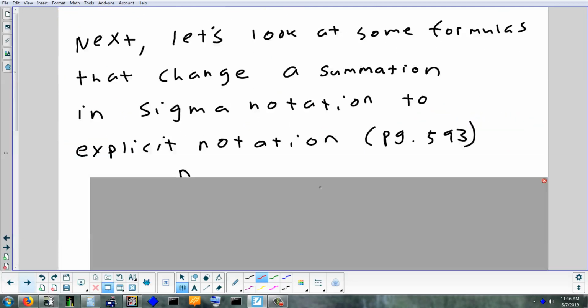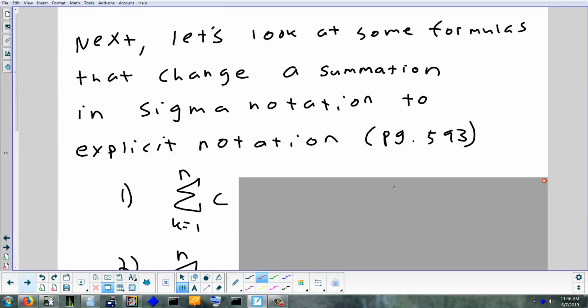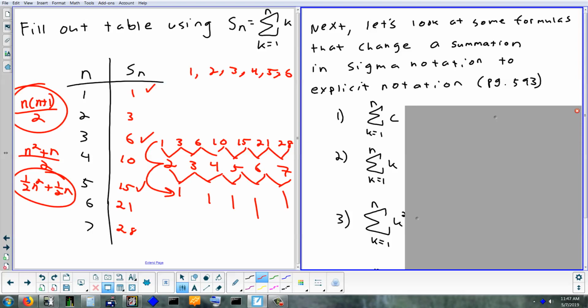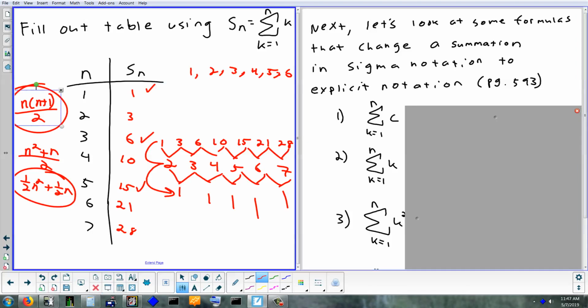All right. So we're going to look at some formulas that are used to change something that has a sigma in it to something that doesn't. So that formula on this page right here allows you to get rid of this sigma because it describes the pattern that you're getting.